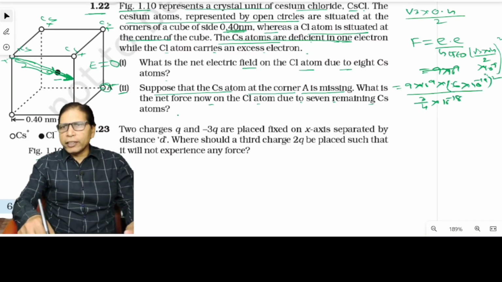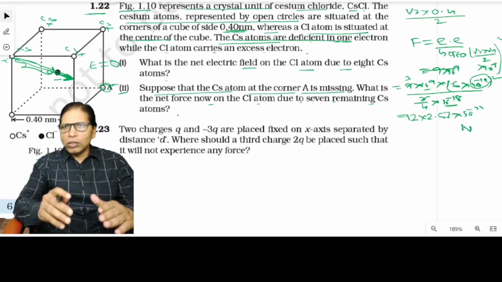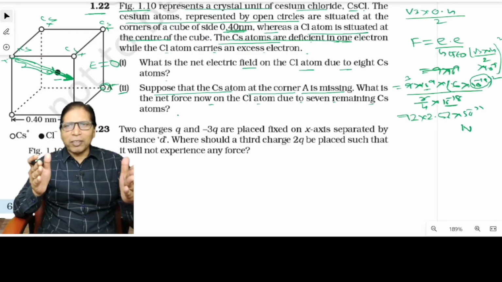The numerator has 10 to the power minus 38 and the denominator 10 to the power minus 18, so that gives 10 to the power minus 20, and with 10 to the power 10 it becomes 10 to the power minus 11. Things cancel out, and we get 12 into 2.56 into 10 to the power minus 11 newton as the force on the chlorine atom.